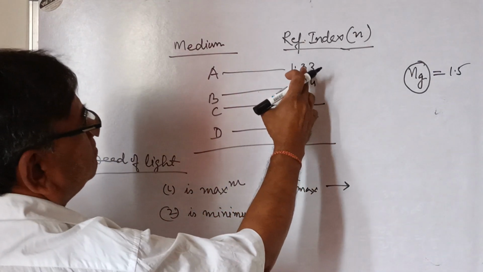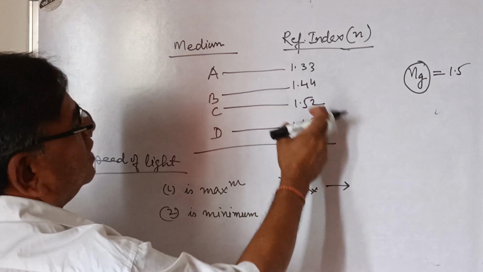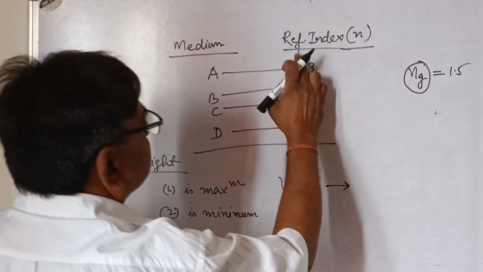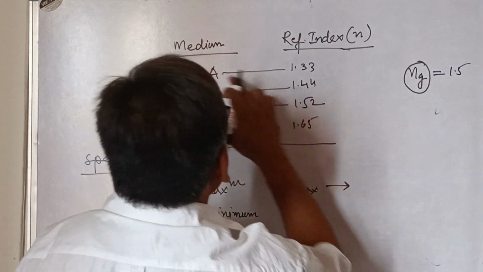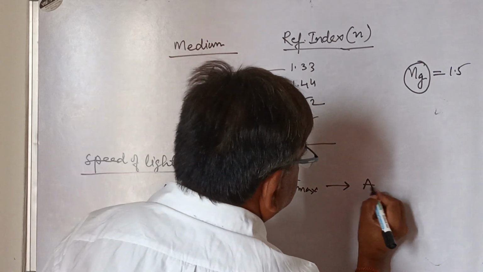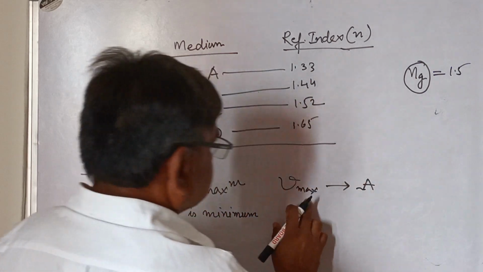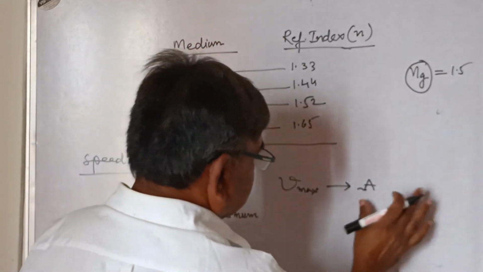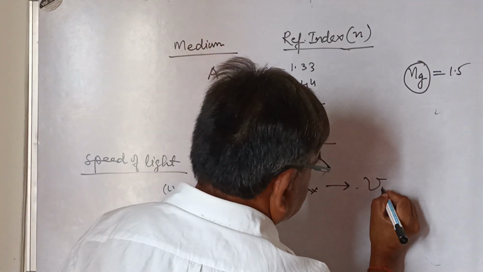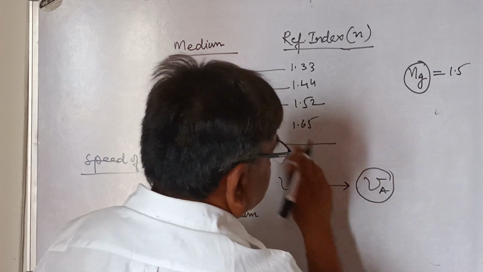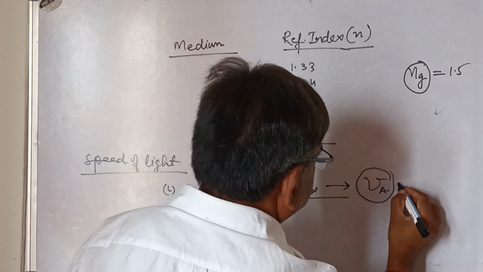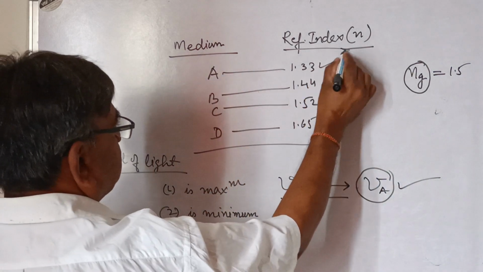Less dense means lowest value of n. So this one is 1.33, so the medium A. V maximum will be VA. Velocity of light in A will be V maximum. It will be maximum in A.